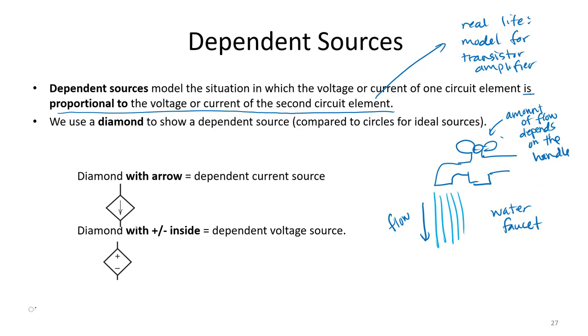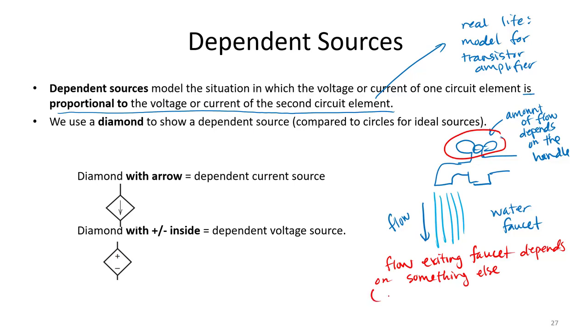So basically, the flow coming out of our faucet depends on something else. In this case, it's how much the handle is turned.